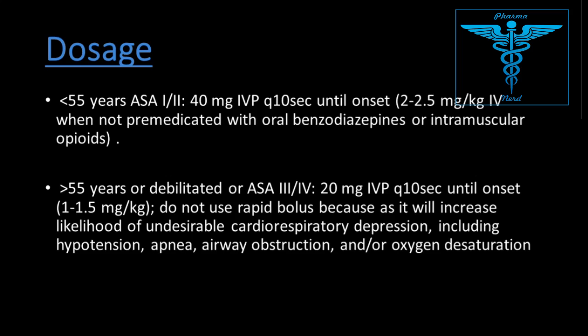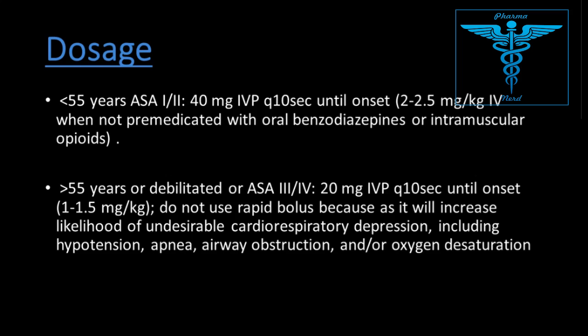If the person is less than 55 years or debilitated or belongs to ASA class 3 or 4, give 20 mg IV every 10 seconds until the onset of action, and 1 to 1.5 mg per kg. Do not use rapid bolus because it will increase the likelihood of undesirable cardiorespiratory depression, including hypotension, apnea, airway obstruction, and oxygen desaturation.